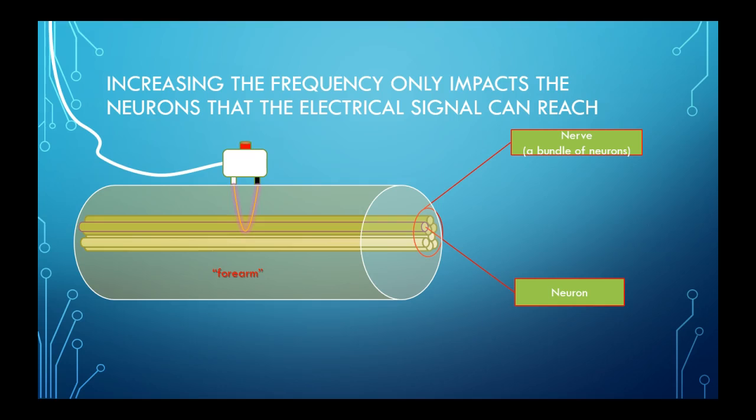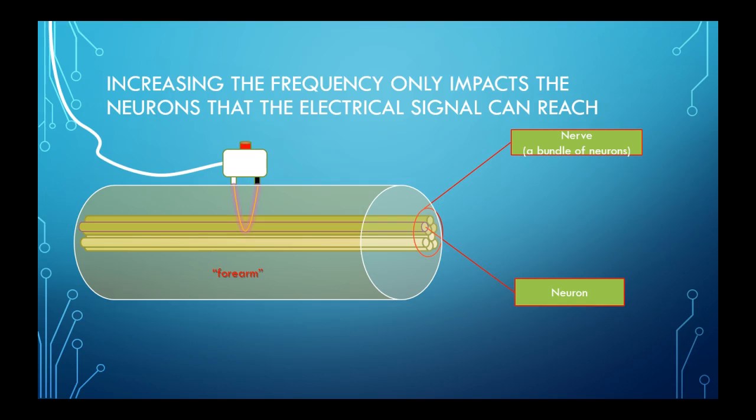And you can go from a single stimulus, which produces a twitch, to very fast stimulation, which can produce tetanus, but only for those muscle cells that are innervated by the motor neurons, which are reached by this electrical signal.